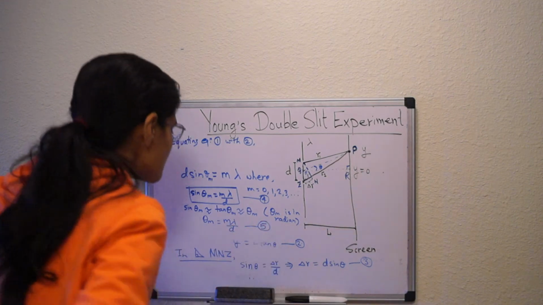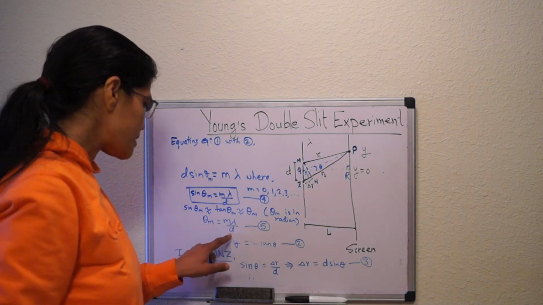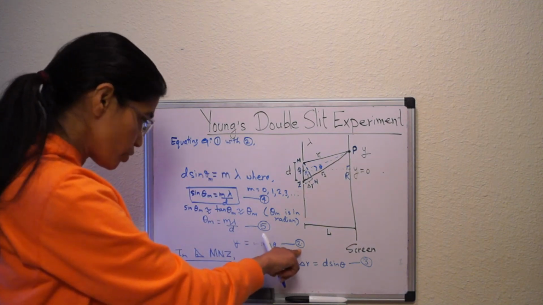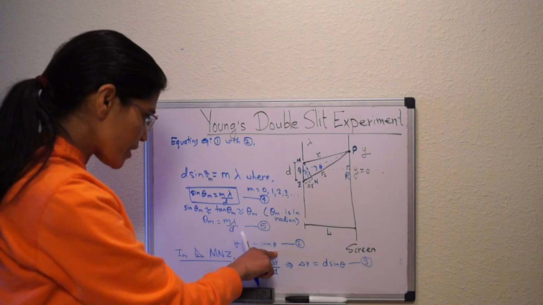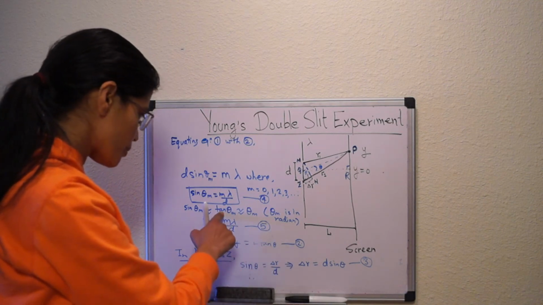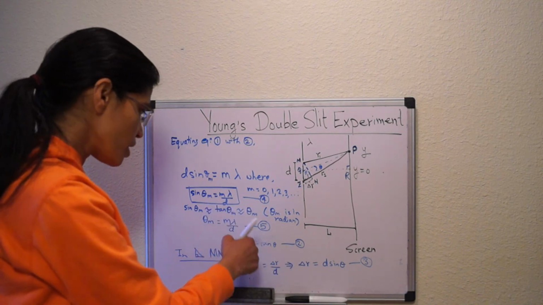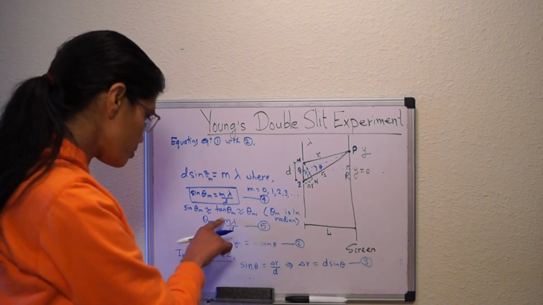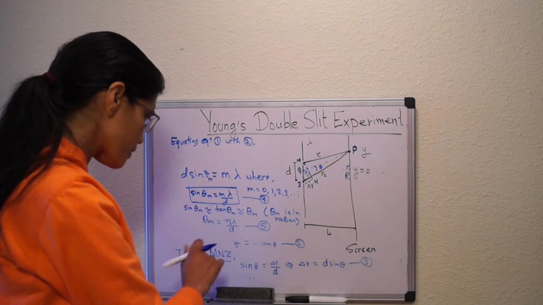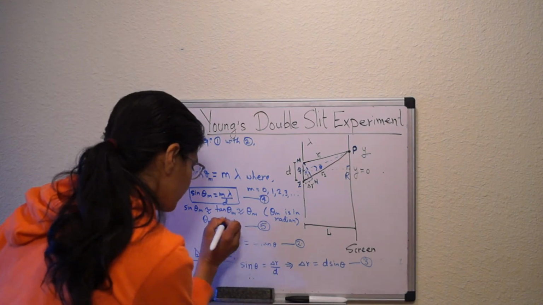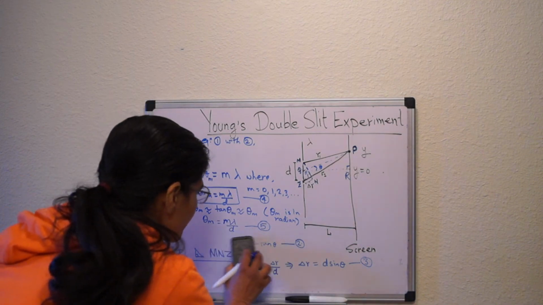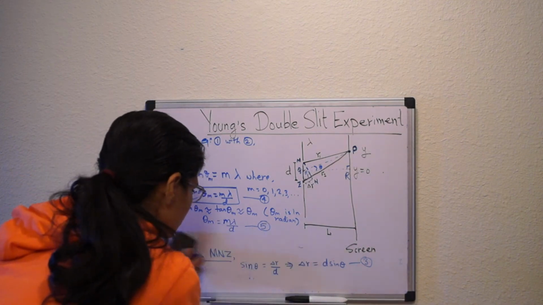Now since this theta m is just m lambda by d, I want to go back to equation 2. Wherever I have a tan theta, I can use this small angle approximation, just theta m, and in place of theta m I will substitute this.